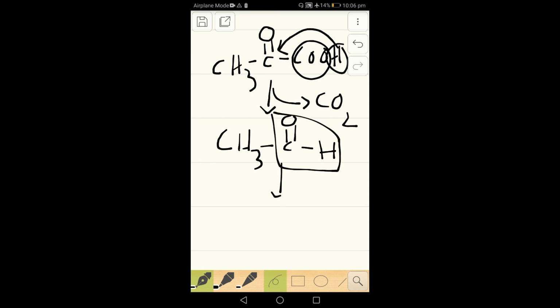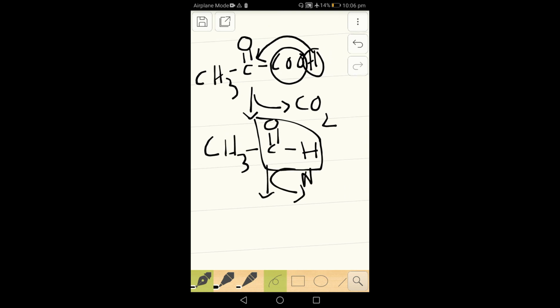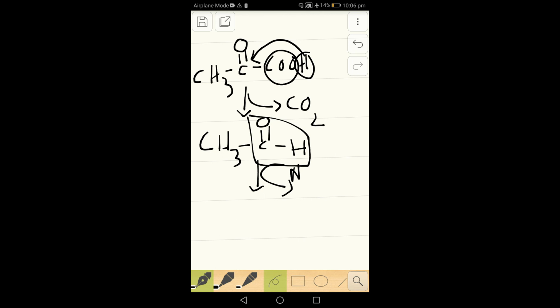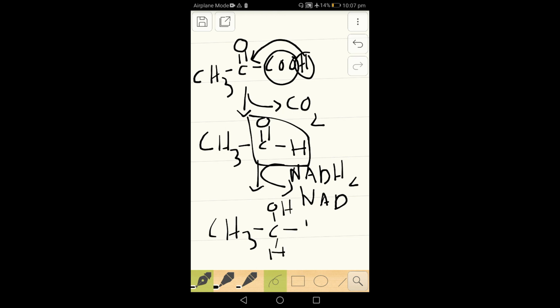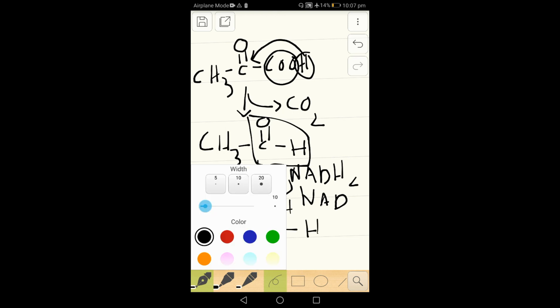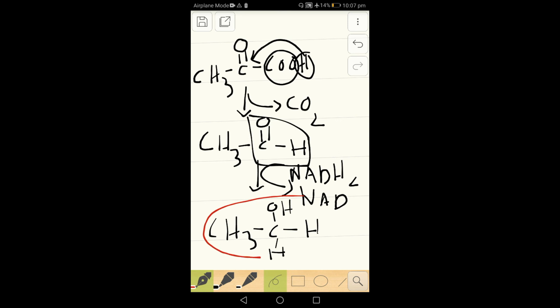This aldehyde group is then reduced by NADH to NAD. The released hydrogen becomes attached here, and aldehydes are reduced to alcohols, so this gets reduced to OH, the primary alcohol, which is ethanol.